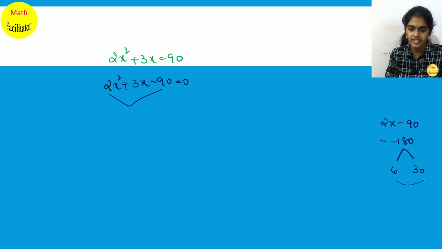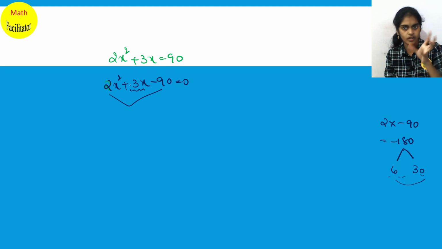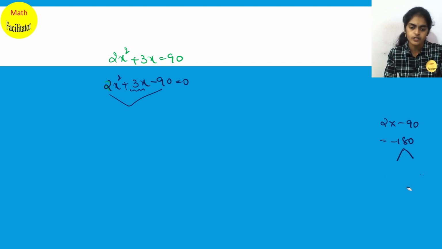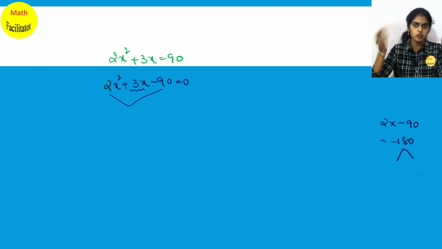Again these are very big numbers, like in the last question also I told you. Here plus 3 is a very small number, but if I take small factors in this way, my addition or subtraction will not give my middle term. So you have to take bigger factors here, more than the 10 table. Just think of more than the 10 table.